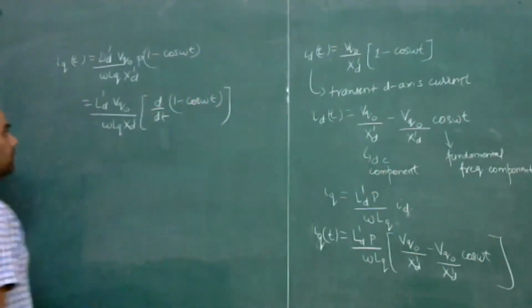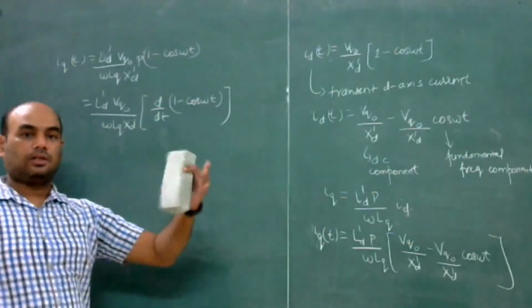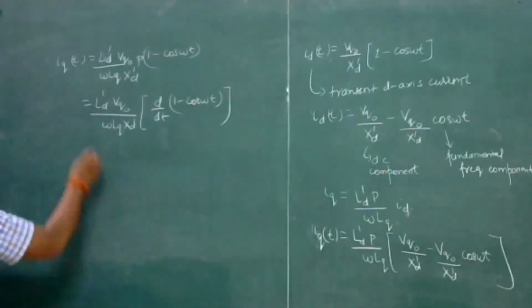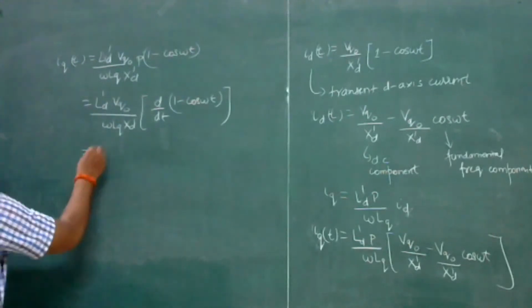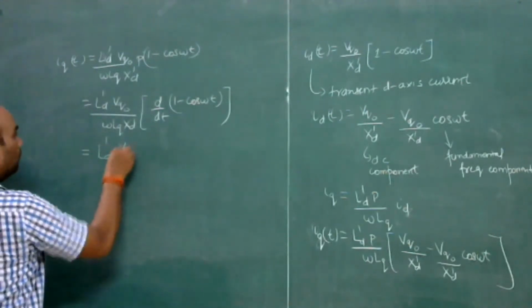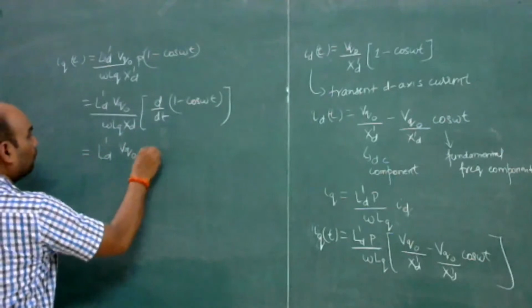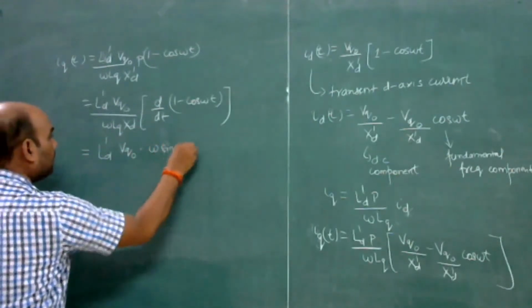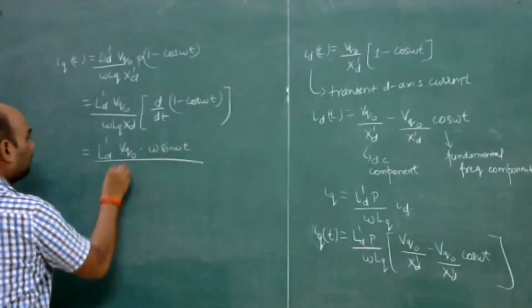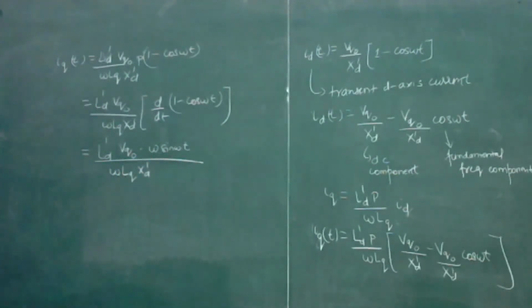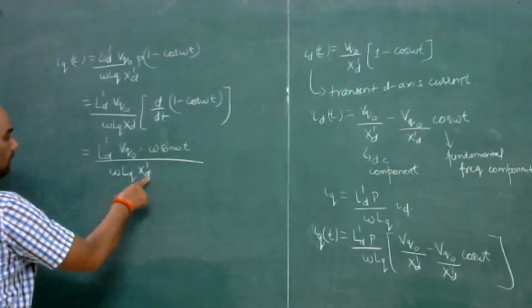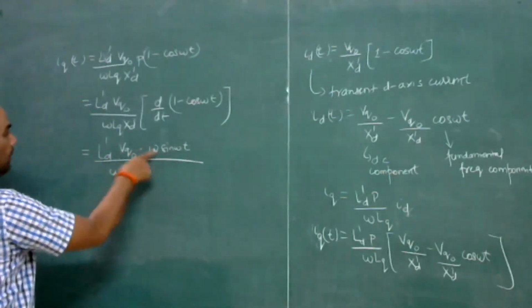Okay, differentiation of 1 is 0, differentiation of cos omega t is minus omega sin omega t. So this will be equal to LD dash VQ naught into omega sin omega t divided by omega LQ XD dash. Okay, and we know that XD is equal to LD into omega.